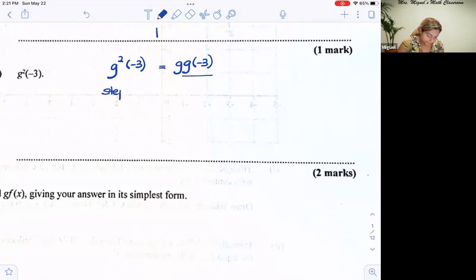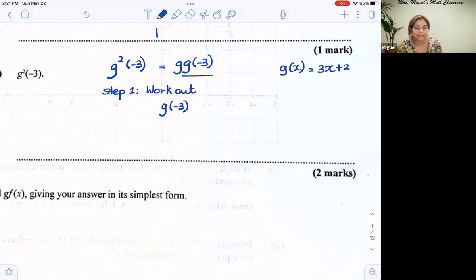Step 1, work out g of -3. So let me write the g function here for you. It is 3x plus 2. So find for me g of -3.